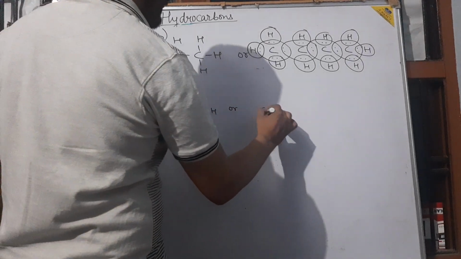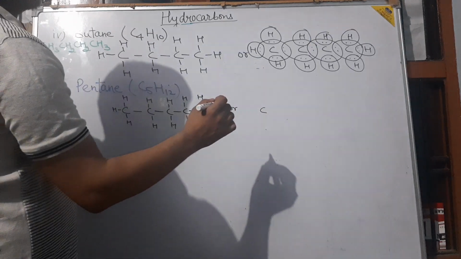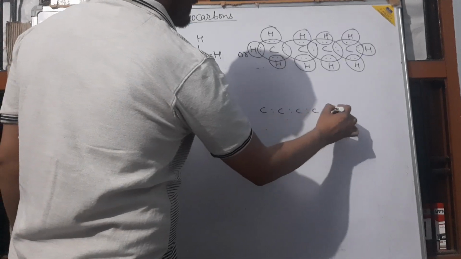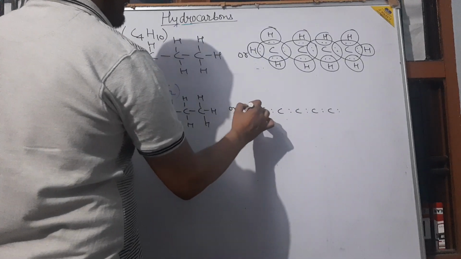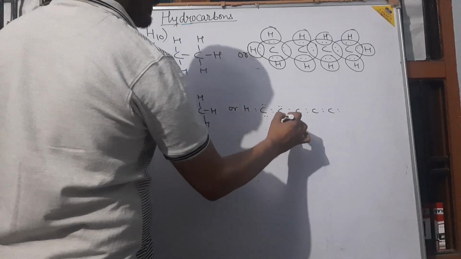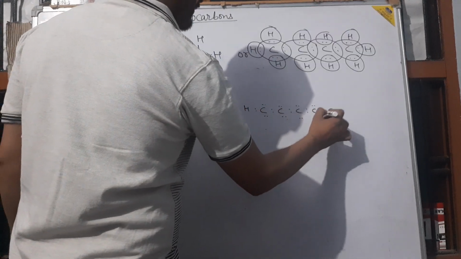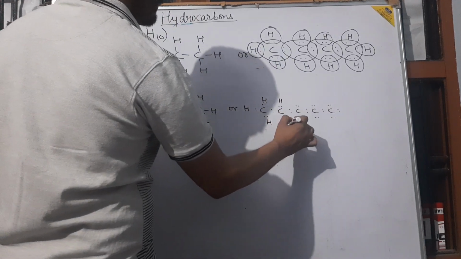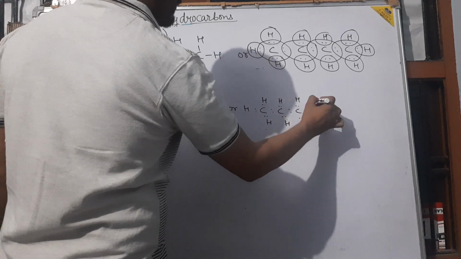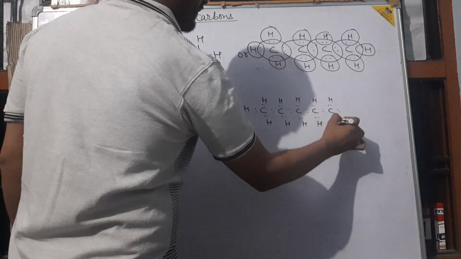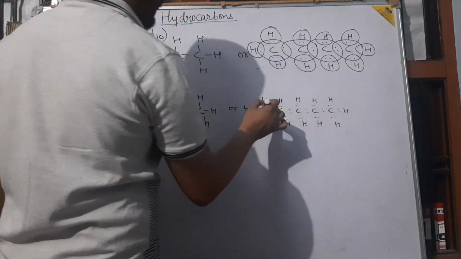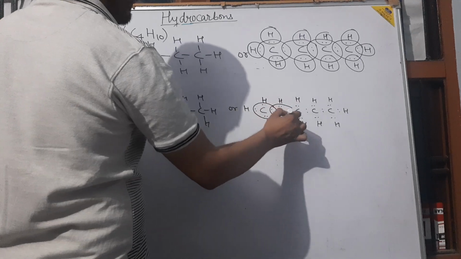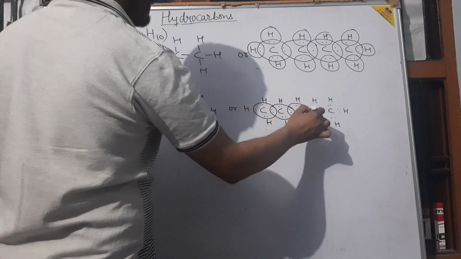Now, to draw that, we should have 5 carbons and the others are hydrogen.